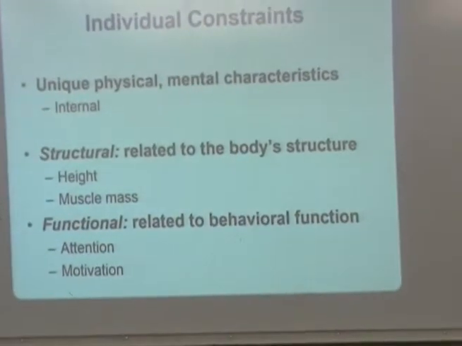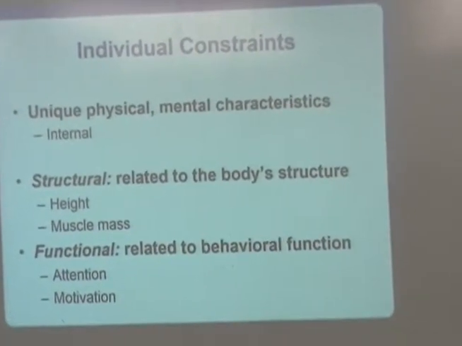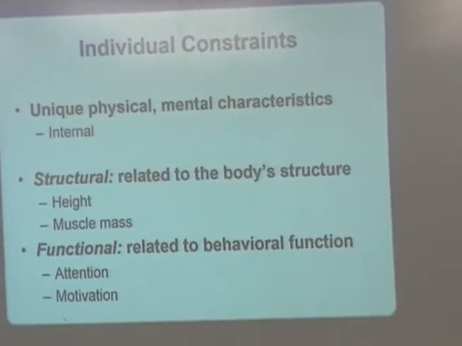So what are they? These 3 points on the triangle, what do they really mean? All right? The top point on the triangle is to do with the individual, the person that you are working with or yourself. Okay? So individual constraints are unique, physical, or mental characteristics for the person. All right? They're internal to that individual.